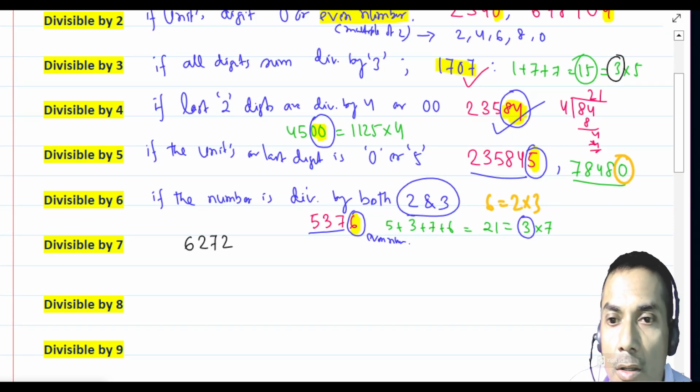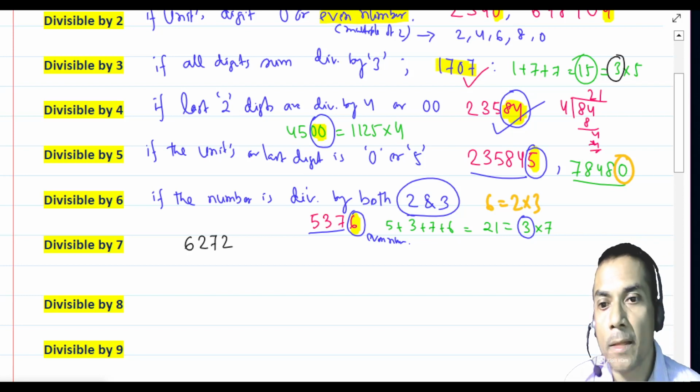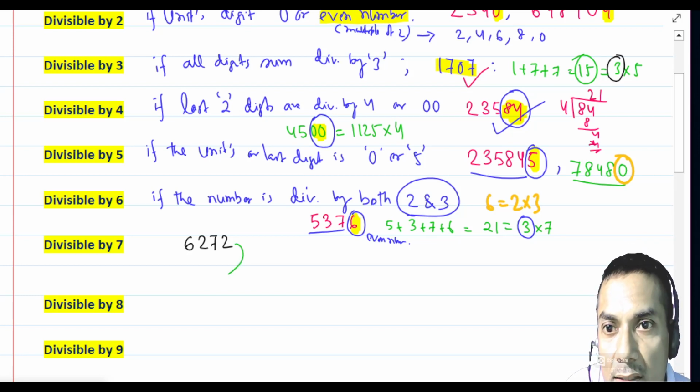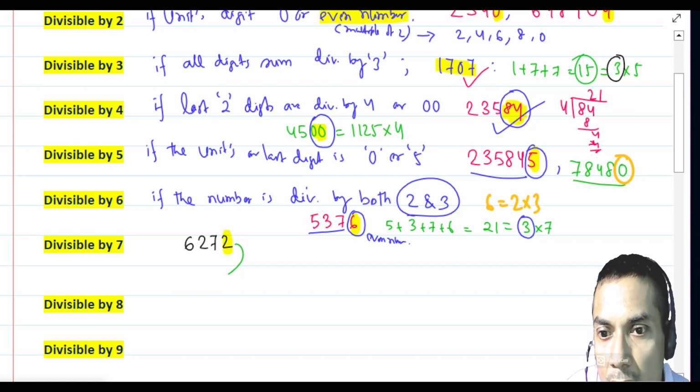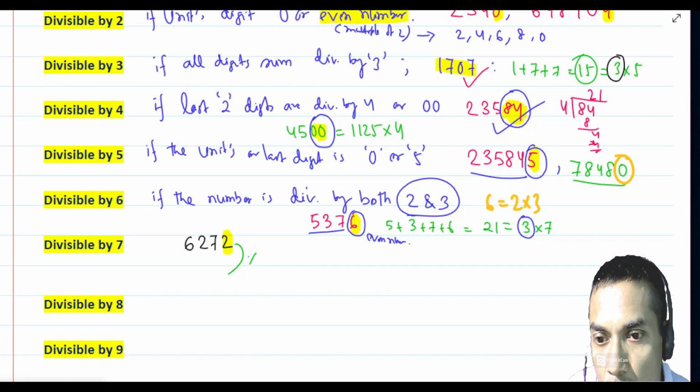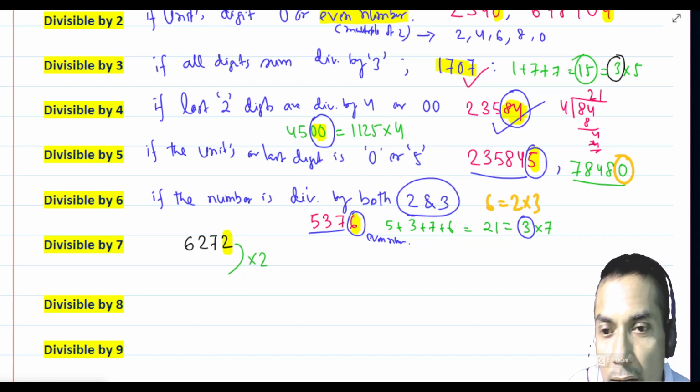Now what you have to do is multiply the last digit by 2. 2 into 2 is 4. Then you deduct it from the rest of the number.